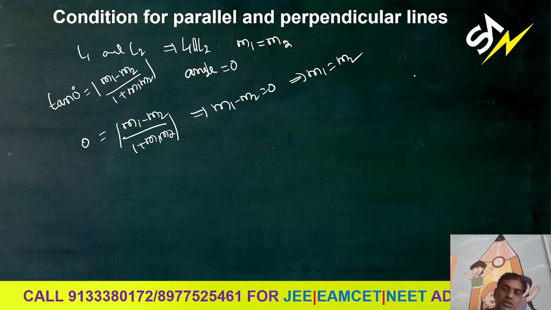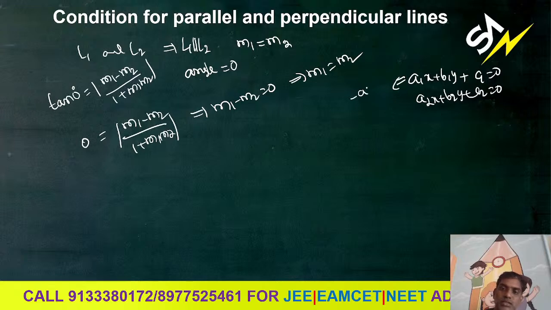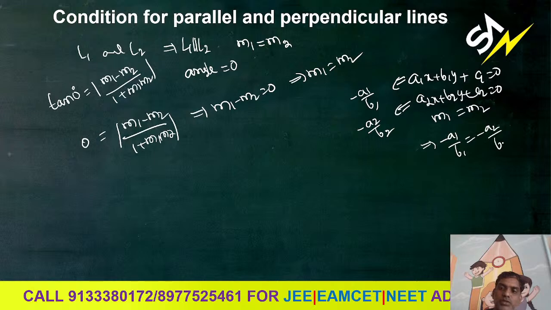Suppose we have lines like a1x plus b1y plus c1 is equals to 0 and a2x plus b2y plus c2 is equals to 0. Now the slope of this line will be minus a1 by b1 and the slope of this line will be minus a2 by b2, and we have m1 is equals to m2, so that minus a1 divided by b1 equal to minus a2 divided by b2.